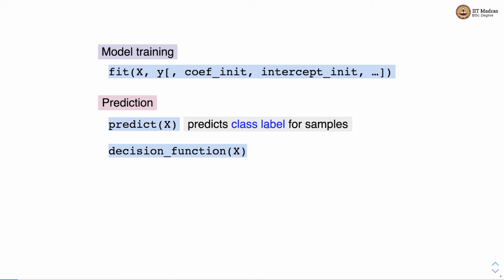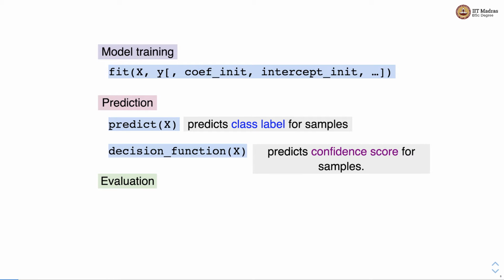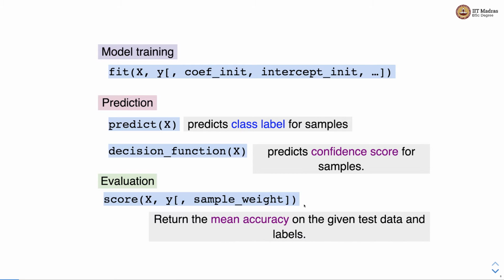And then there is decision_function, which also takes feature matrix as an input and predicts confidence score for samples. Then there is a score method for evaluating the classifier that takes feature matrix and label as input, and there is an optional argument about sample weight. Score returns mean accuracy on the given test set and labels.